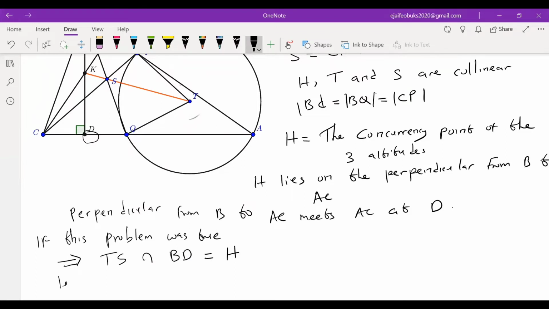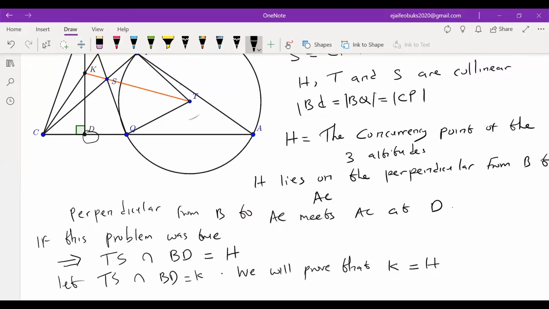I'll say let the intersection of TS and BD be K. We'll prove that K is the orthocenter of ABC, or rather K equals H. That's what we're going to prove.